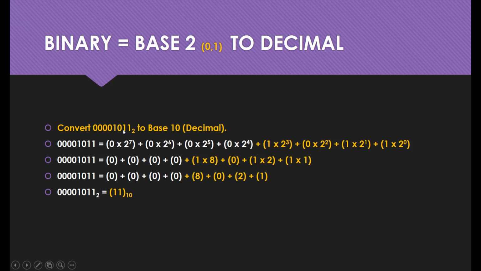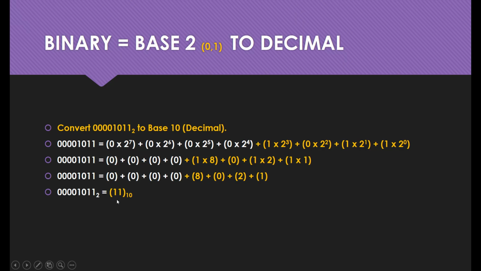We add it to the next one, which is 1, by the base number exponential 1. We come to the next one with 0, we add it by the base number exponential 2, and we keep going to the last one, 0, and we multiply by the base number exponential 7 and add it to the rest. That's what we have done here, and eventually we end up with 11 when we sum them all up.